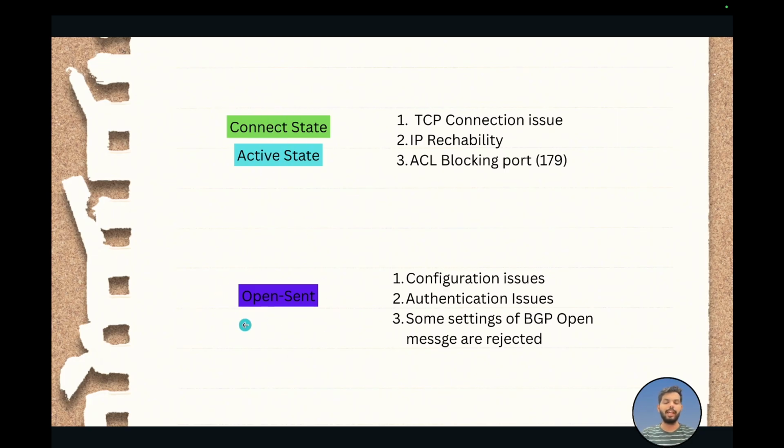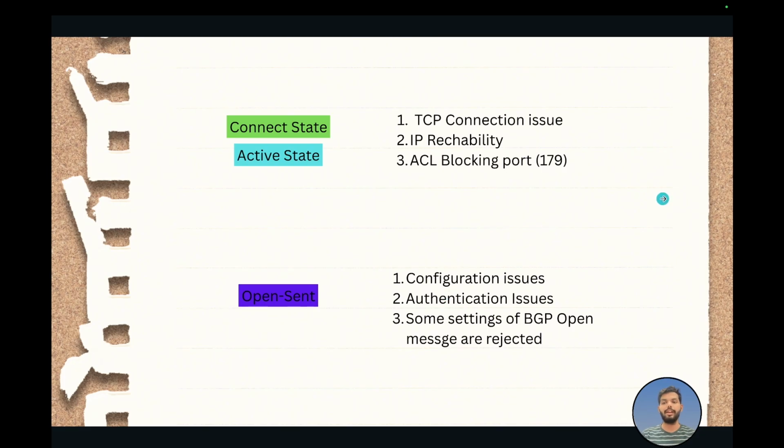Now it might also get stuck in the OpenSent state, and you might follow any of these steps to debug what the issue might be. If the device has been stuck in the OpenSent state, then there might be an issue in configurations, or some value might be mismatched. There might be an authentication issue.